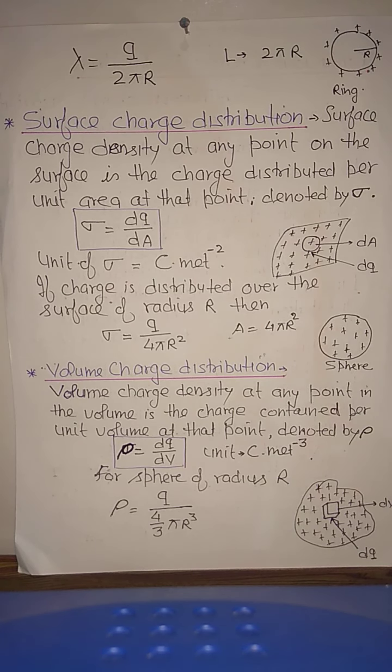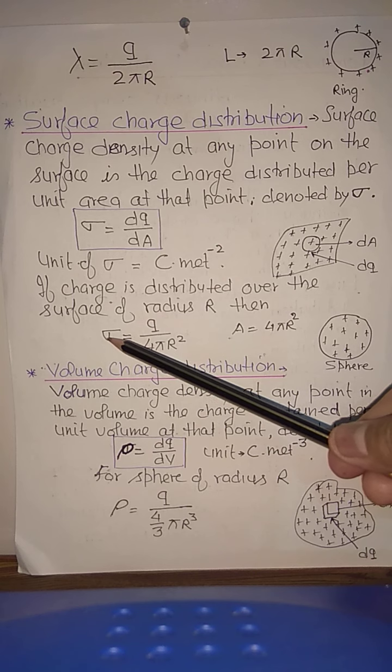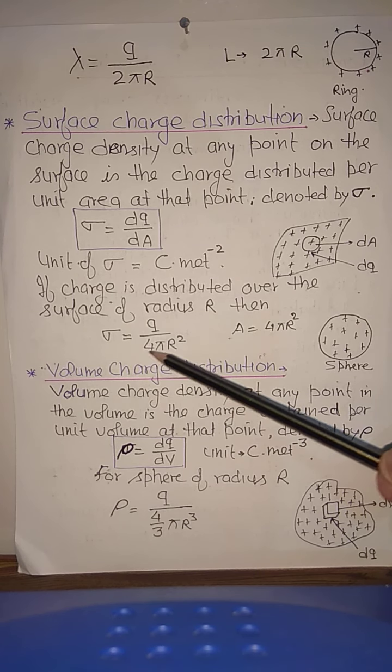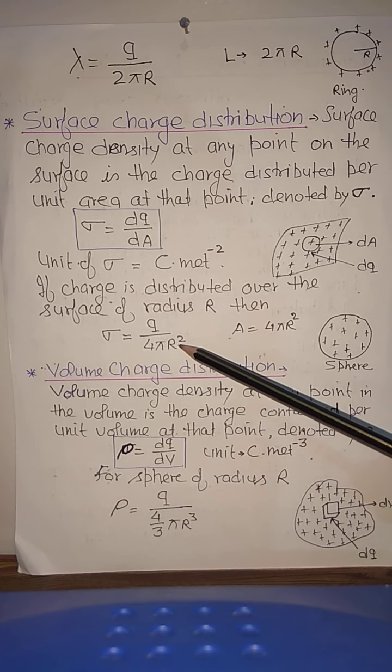If this charge is distributed over the surface of a sphere of radius capital R, its surface area will be 4 pi R square. Yes? And therefore surface charge density will be sigma is equal to Q upon 4 pi R square. This is your surface charge density.